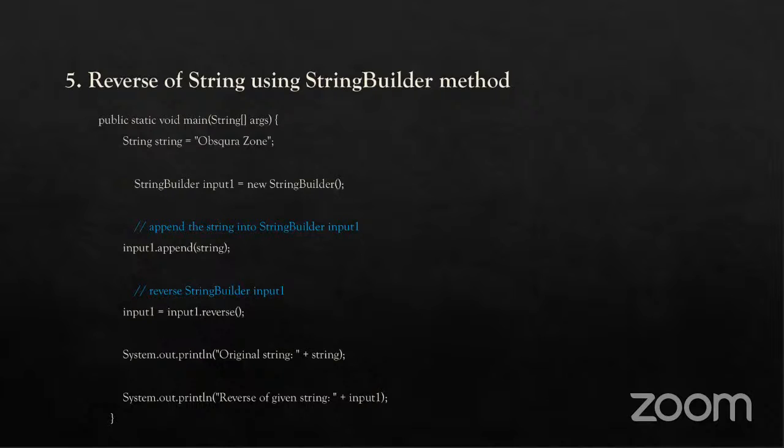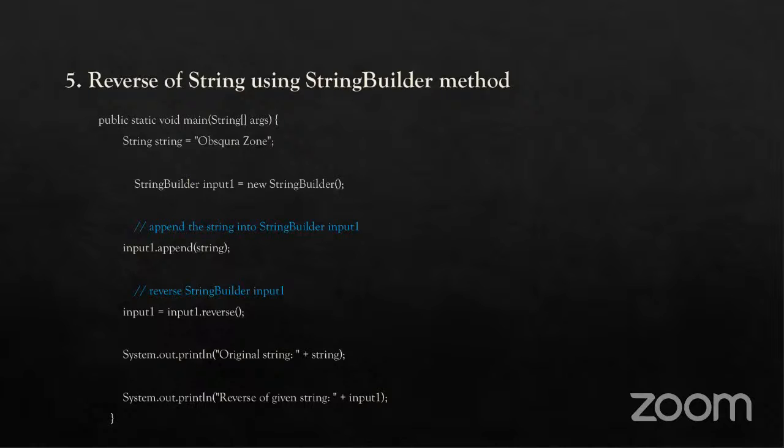To that input1 itself, we are saving the reversed string. If you want to store the reversed string in some other object, we can create that object or some other variable and store it. Here I am only saving it in input1 itself.